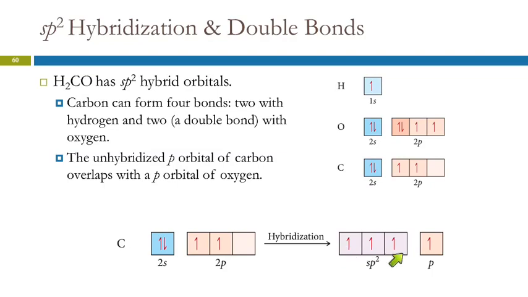So now we've got sp2 and this p orbital. We have hydrogen and we have oxygen that are bonding to the carbon. So here's the Lewis structure.